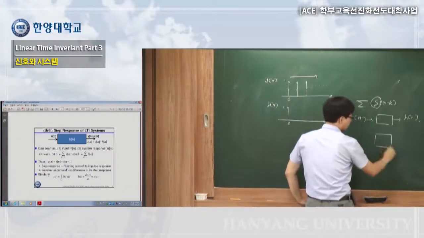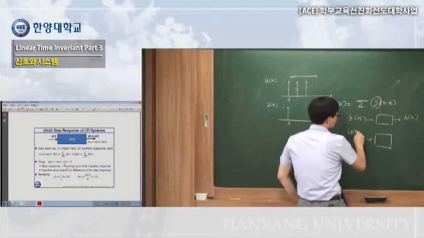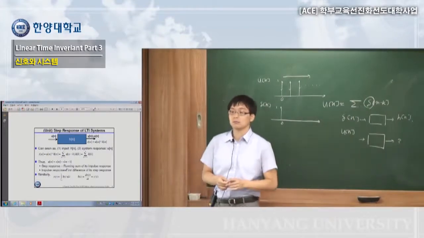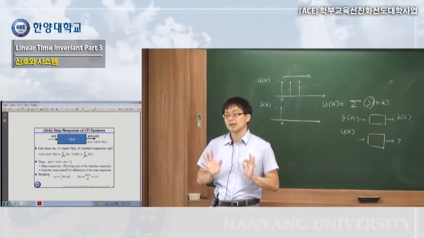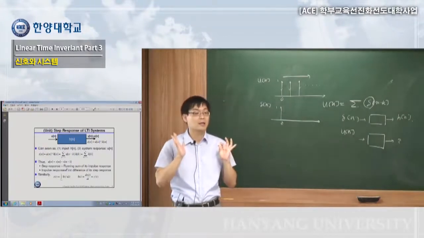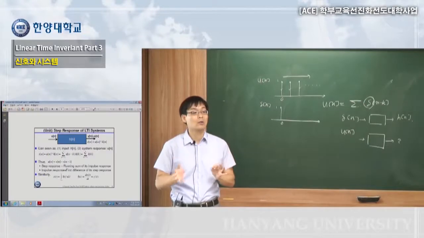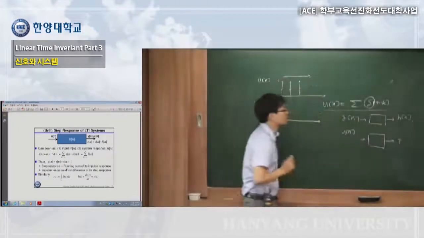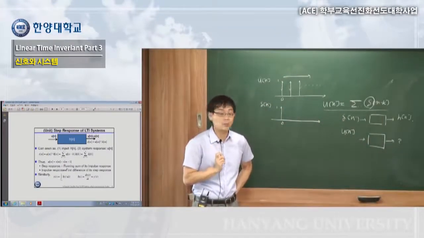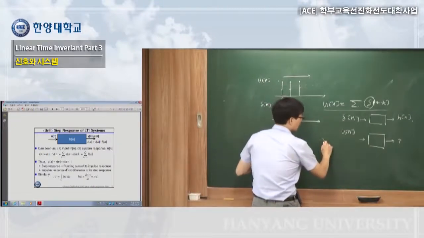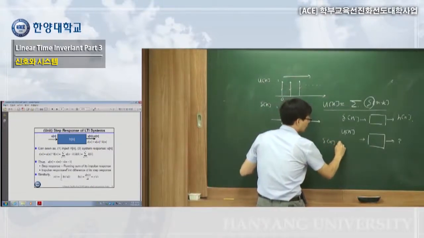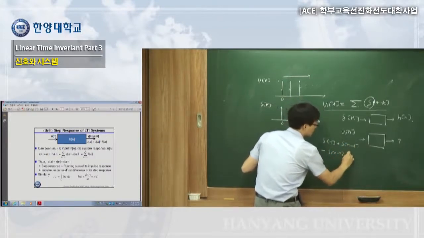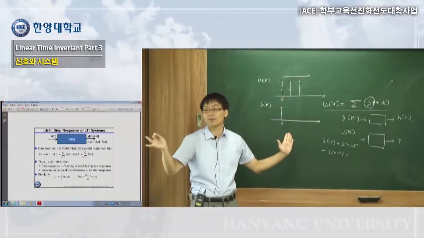What if we put in the unit function and see what the output is? Note that this is a linear time invariant system. So the basic idea we try to use here is to consider the unit function as delta n plus delta n minus 1 plus delta n minus 2, and so on, until we have an infinite number.